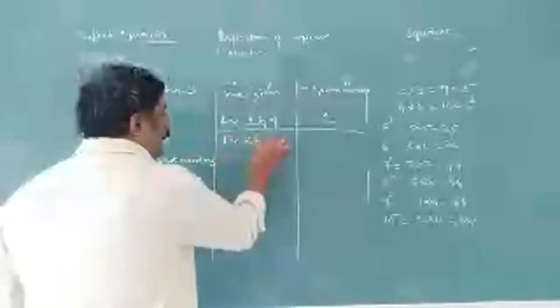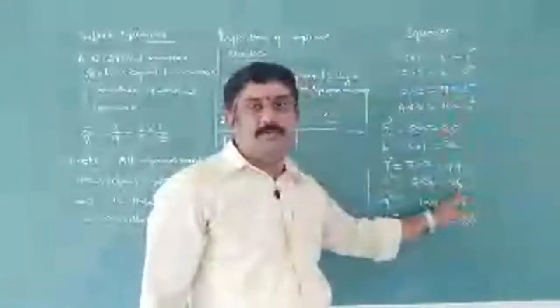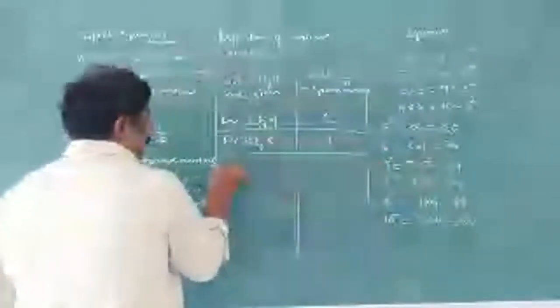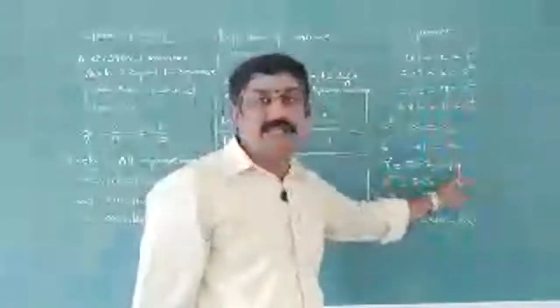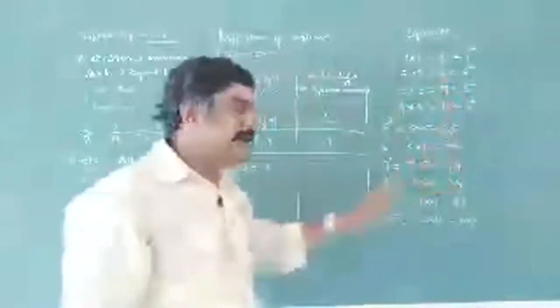For 2 and 8, observe here. 2 square is 4, 8 square is 64, 4 is common again for the units digits. So we get 4. For 3 and 7, 3 3 is 9, 7 7 is 49, 9 we are getting, and here also 9. So for 3 and 7 we get 9.